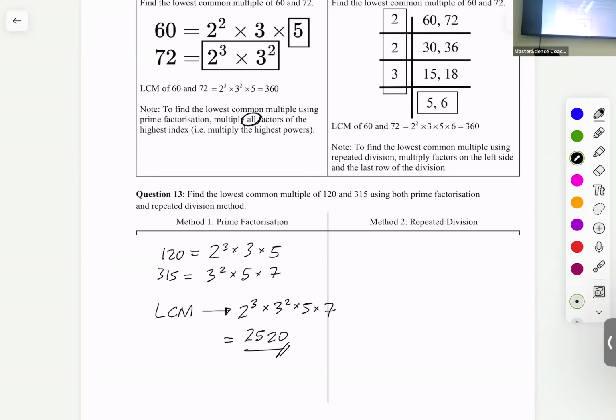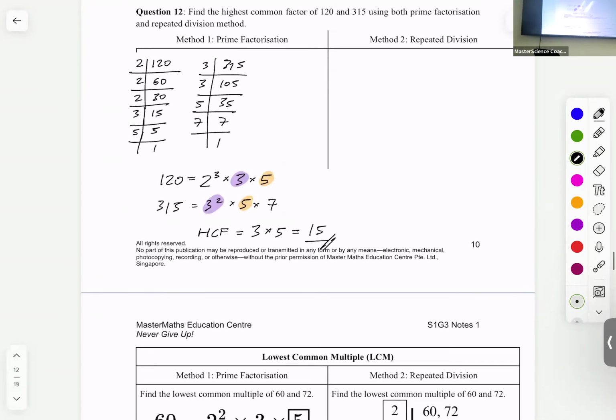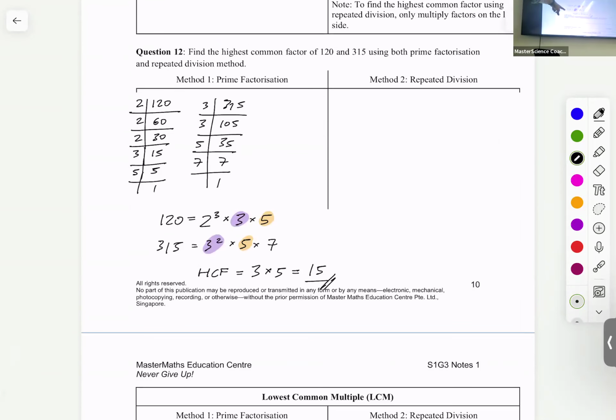Done? Okay, copy the HCF one. HCF, I just need you to copy these 3 lines here.